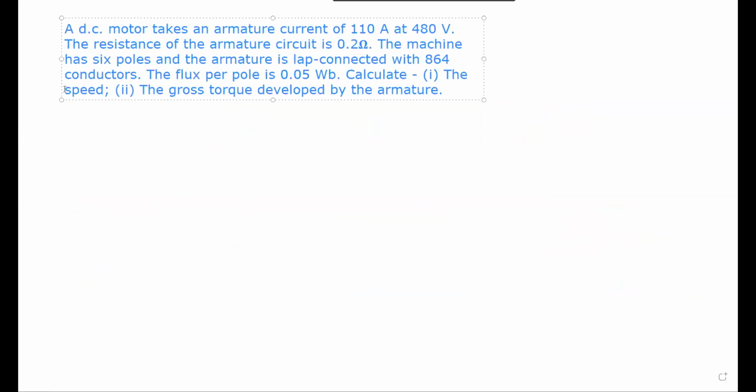So what is the formula for back EMF? Does anyone remember from yesterday? E equals P phi N Z divided by 60A. Okay, and another formula?